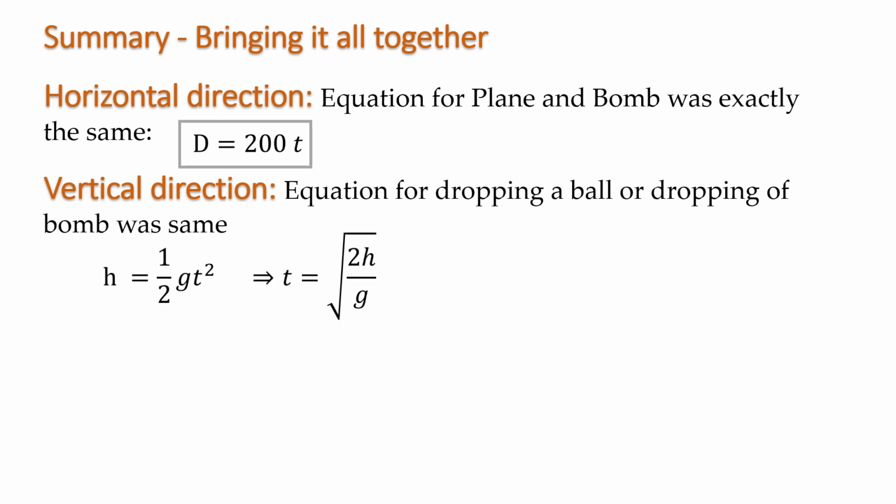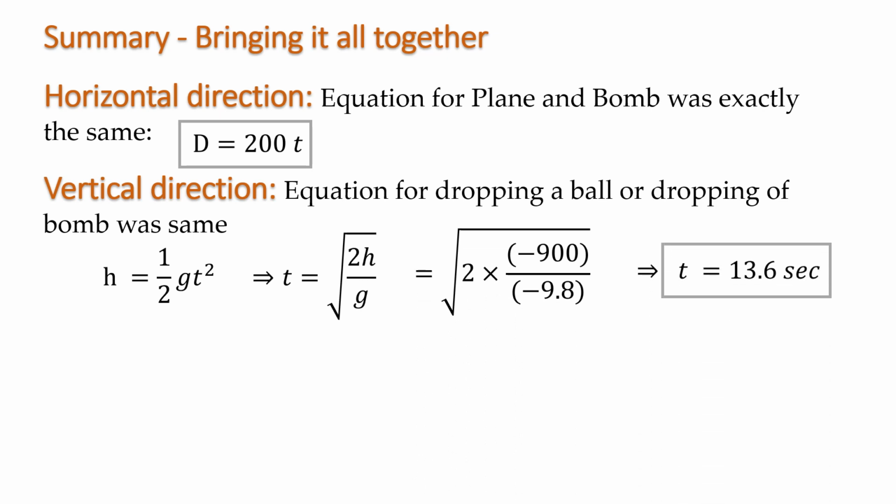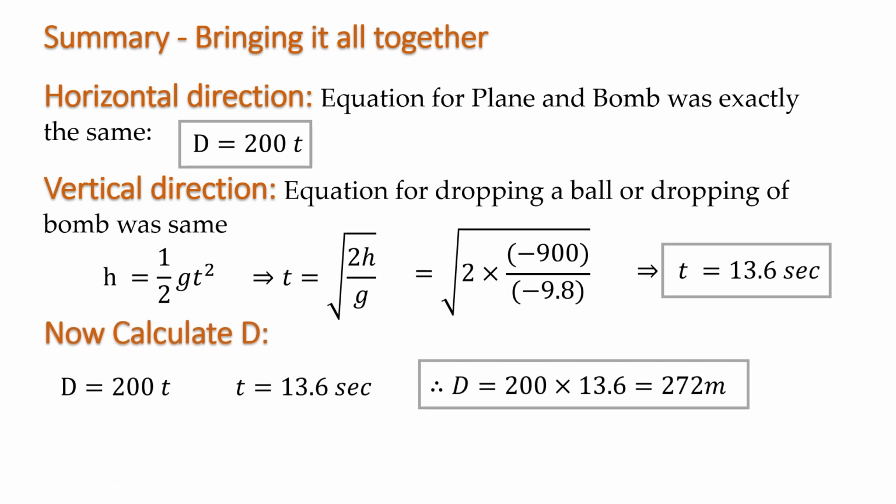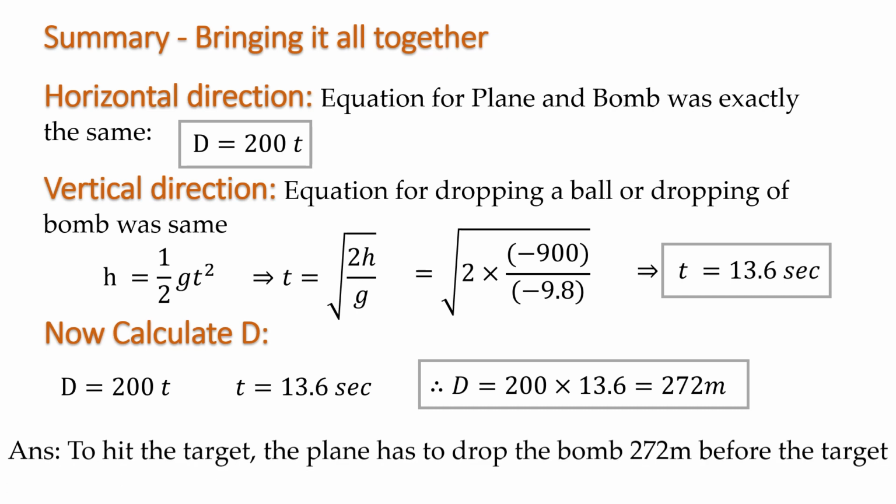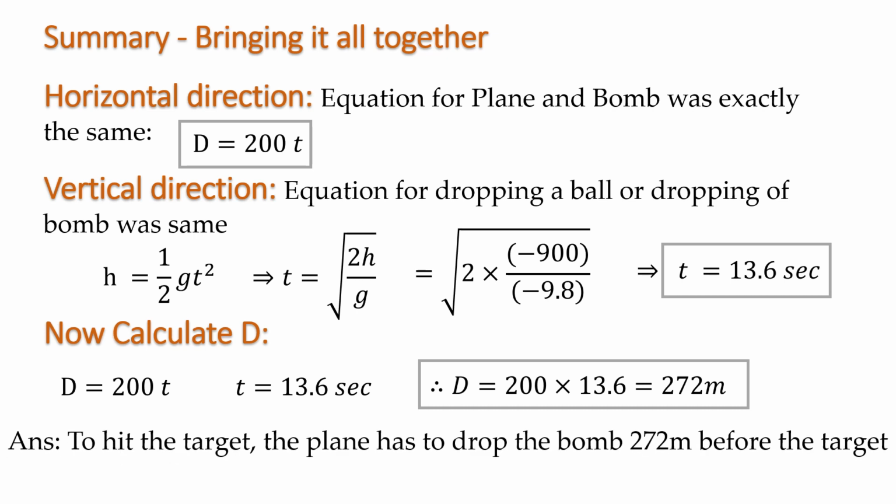We used the second equation of motion to solve for time and get 13.6 seconds. We substitute this time and get the answer for d, which is evaluated to be 272 meters. So the plane needs to drop the bomb 272 meters before the target so it can hit the intended target.